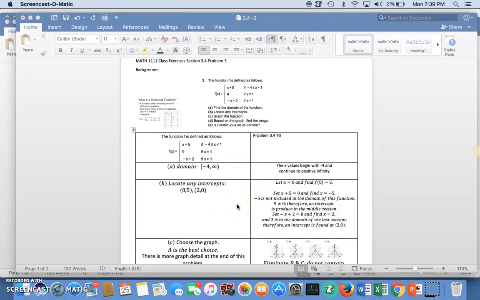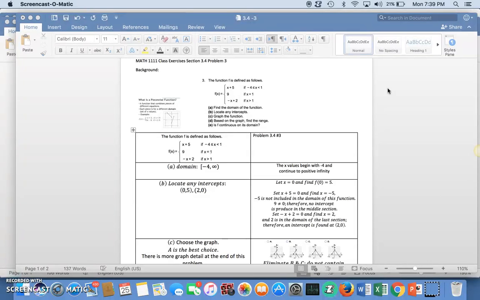Locating your intercepts. When you let x equal 0, you get your y-intercept and you get 5. (0, 5) is a point, no problem. Take the first piece up here, set it equal to 0, you find x to be -5, but -5 is not in the domain from where you use the piece.